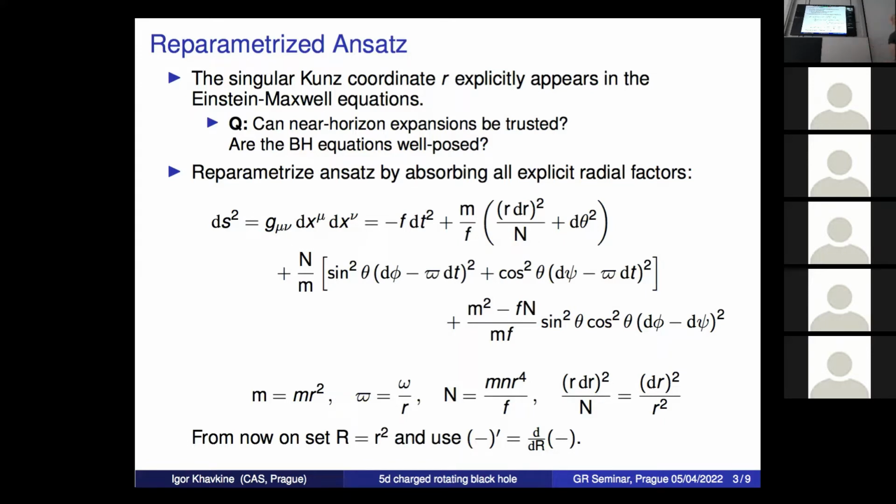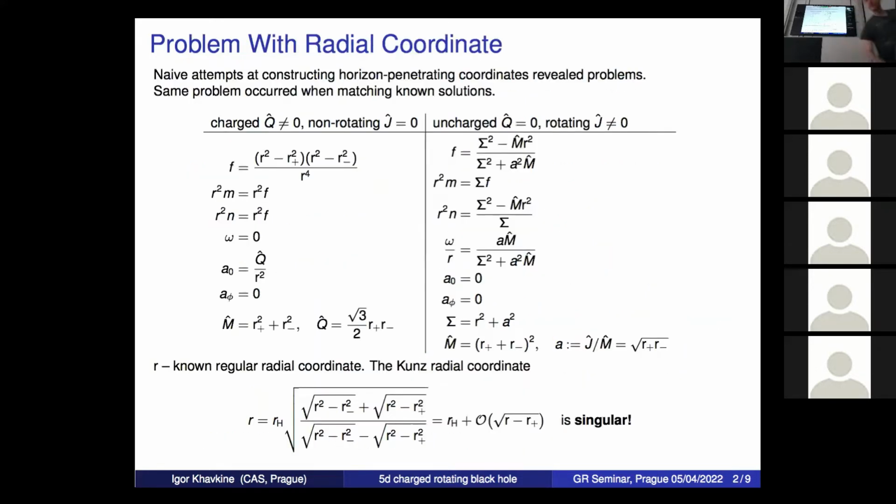Is R equal to a constant the horizon, or is it more complicated? There is a constant value of R for which that is the horizon. But if R is not 0, I'm surprised how the regularity of M and M times R squared may be different. The singularity is here, right? Upright versus this one, yes.